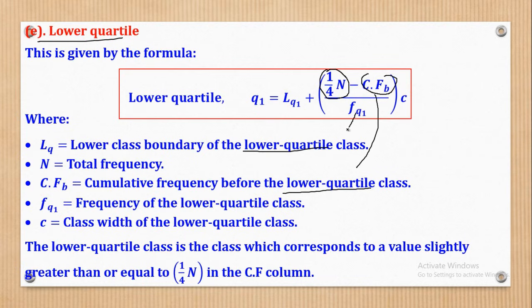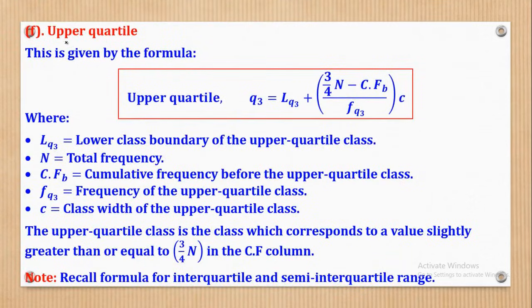This was frequency of the median class, now it is frequency of the lower quartile class. And this was class width of the median class, now it is class width of the lower quartile class. So the formula remains the same, but what changes is this position. So that's what you should remember. Quartiles, deciles, percentiles, they get their formula from the median. So what changes will be the position.